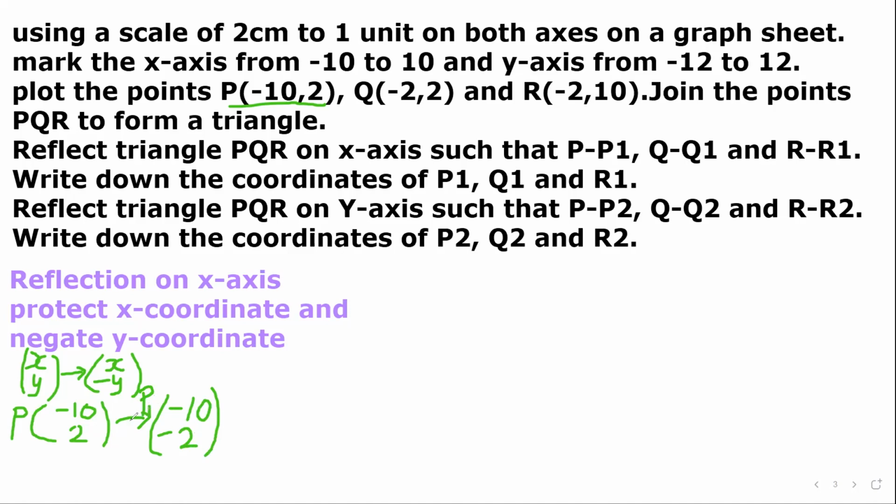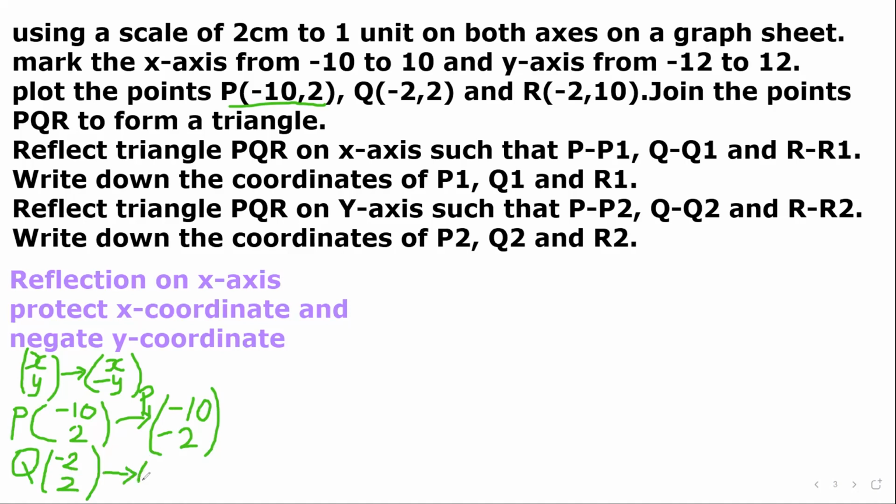So that will be P1, okay? We label the point. Because we have the P, we have to identify the next P, which is P1. Okay, good. Now point Q is also reflected on x-axis. The point Q here is negative 2 and 2, where the x is already negative. So you protect it without changing anything.